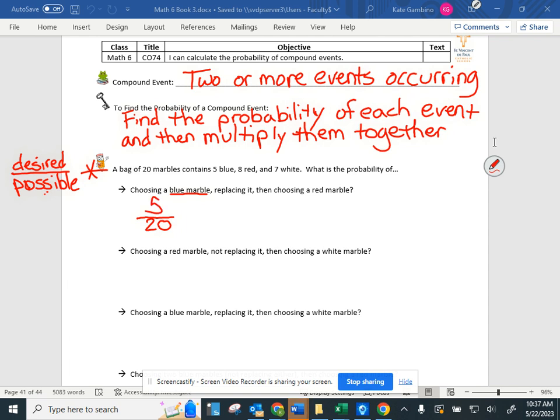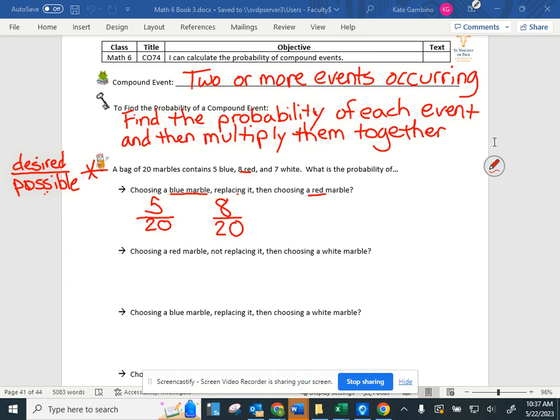Now I'm going to replace it and choose again. So before I put that, how many possible outcomes for my second event? Melina? 20 possible, because I replaced that blue marble, and then there are 8 red, and I want to choose a red.